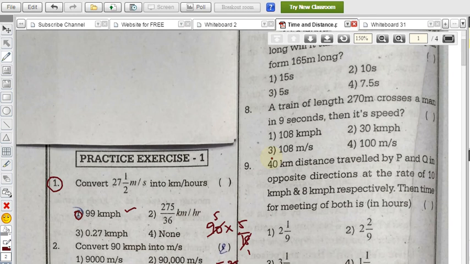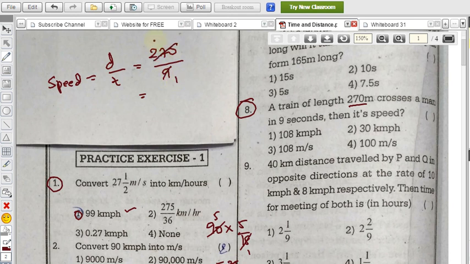Okay, this printing did not come. Next one, a train of length 270 meters crosses a man in 9 seconds. Then its speed. Length is this, crossing a person. So speed is equal to distance by time. So length of the train itself we can consider as the distance, that is 270 meters by time, 9 seconds. Both are meter and second, so you will get the answer in meter per second.